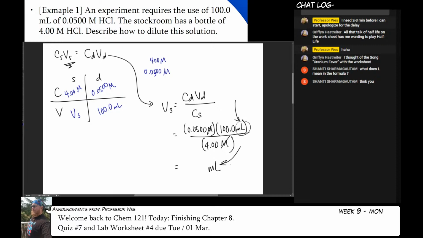So like if I give you milliliters and I ask you to give me the volume in milliliters that you need for the stock solution, then just use milliliters, right? No reason to do extra work if you don't have to. So we'll punch all these numbers in. And the number I get is 1.25 is my answer.